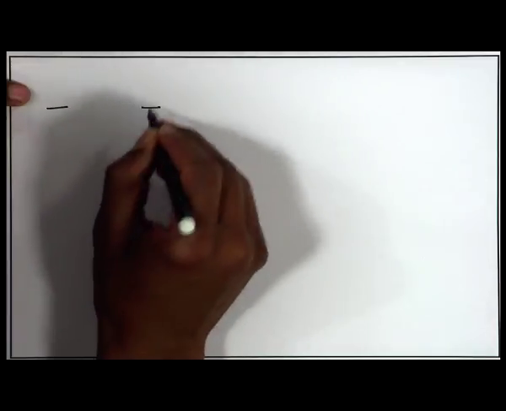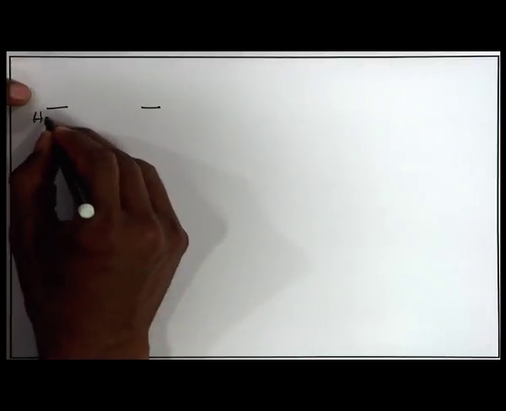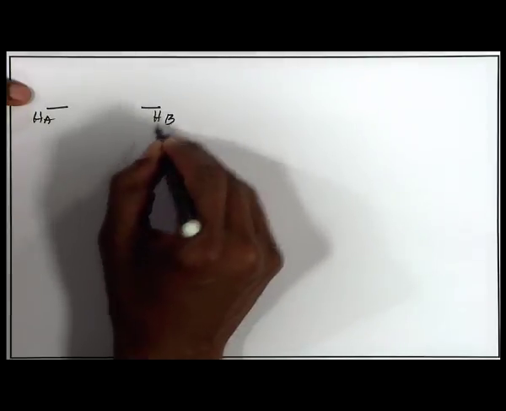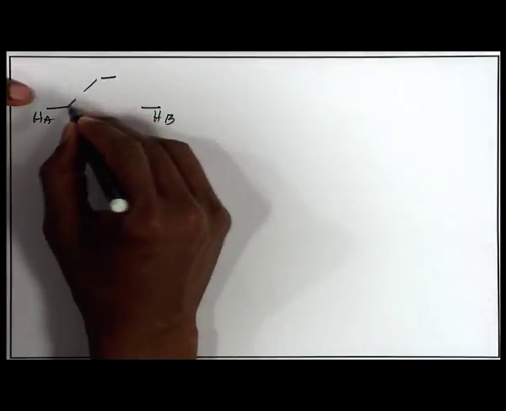Now, from the molecular orbital theory, we can talk about the stability of the molecules. That stability can be judged based on the number of electrons present in the bonding orbitals as well as the number of electrons present in the antibonding orbitals. If you take the hydrogen molecule, you have a hydrogen atom A combining with a hydrogen atom B, and this is a molecular orbital.